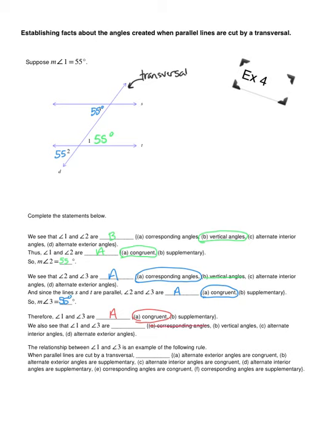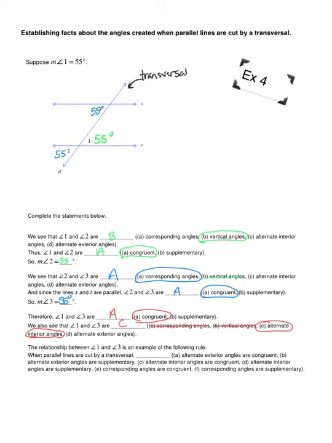Vertical angles, do they share a vertex? They do not. Alternate interior angles, are they on both sides of the transversal? They are. Are they inside the parallel lines or outside the parallel lines? They're inside. So they are alternate interior angles.